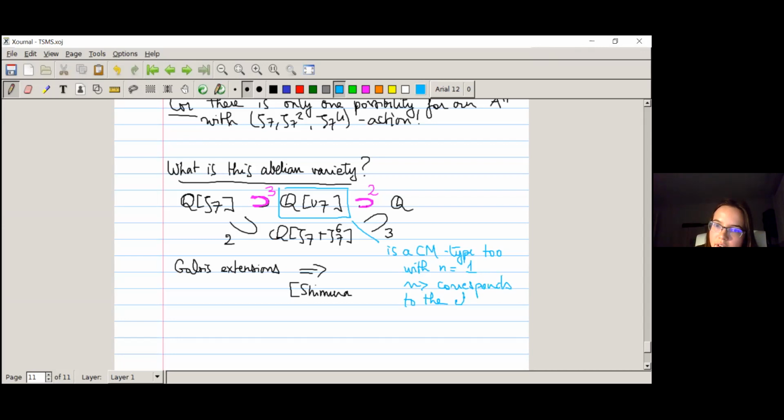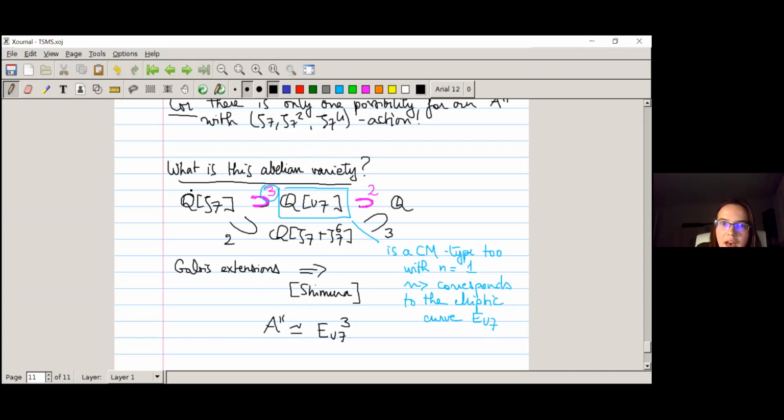And there is no choice here, it's the elliptic curve E_U7. And now here you have a 3. And by the theorem of Shimura, this implies that A'' is isomorphic to E_U7 to the 3.